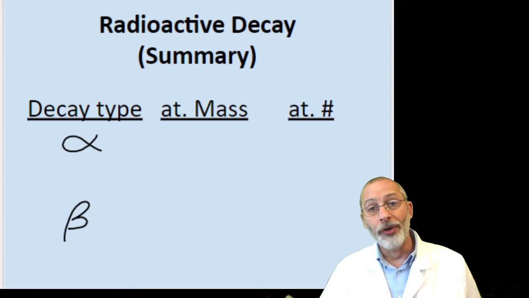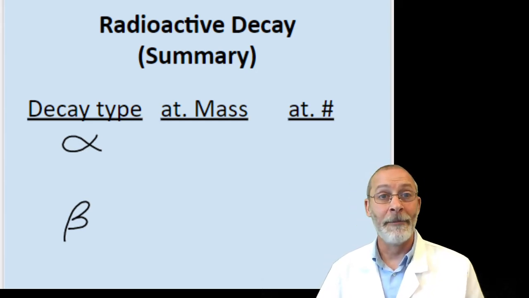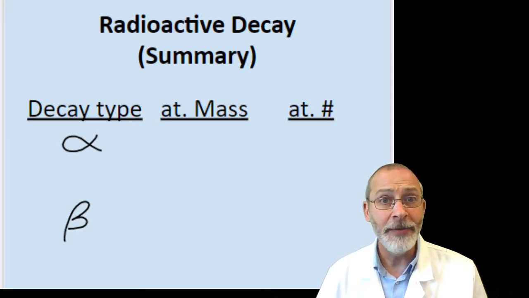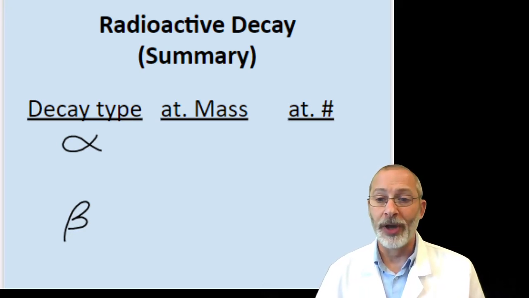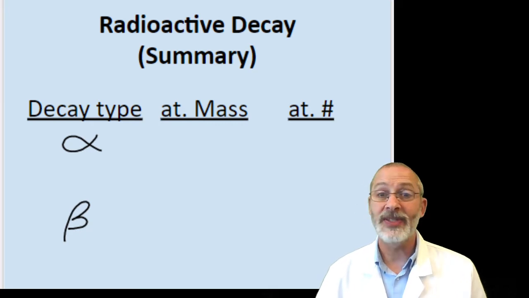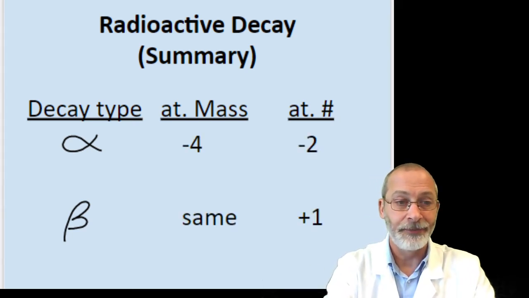Remember, earlier in the year, we learned about atomic mass and atomic number. And by way of quick review, the atomic number is equal to the number of protons in the nucleus of an atom, and the atomic mass is equal to the number of protons plus the number of neutrons. So let's see how that all ties in here.